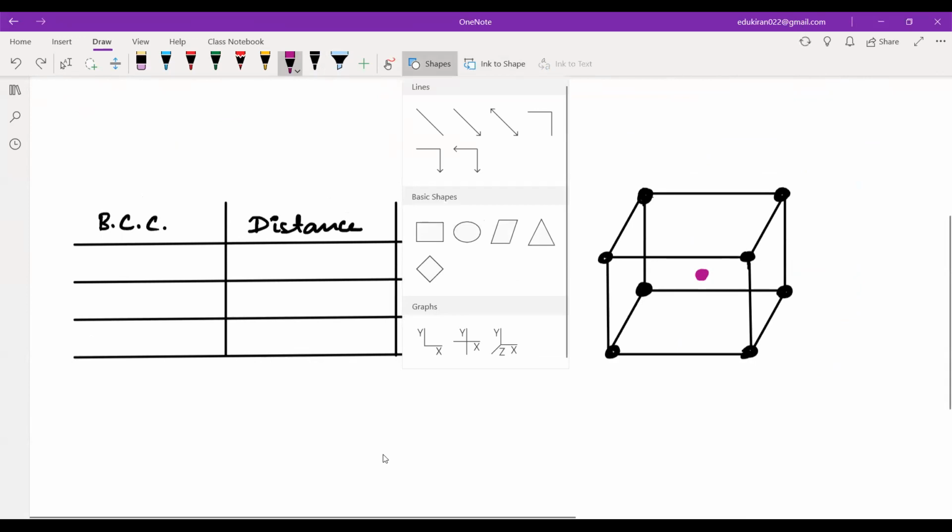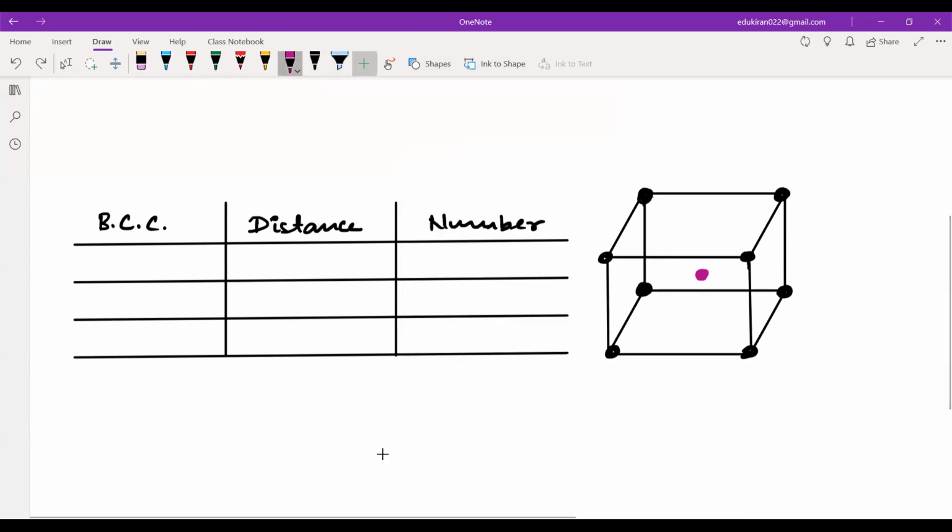Yes or no? Everyone knows this, right? All of you know that the body center is connected something like this, right? Yes. These atoms are touching each other.